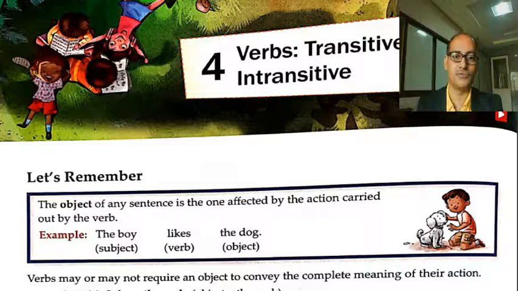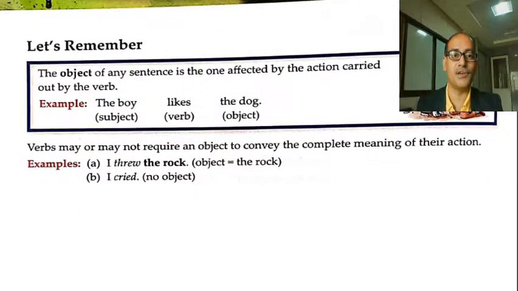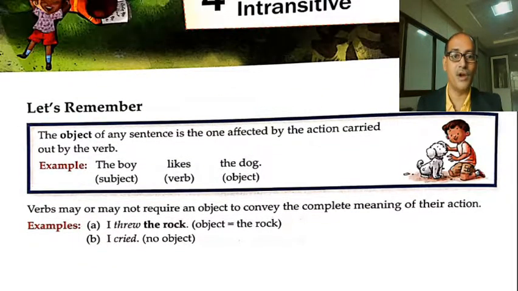Dear students, we have understood what the object of a sentence is. But it's not necessary every time that a verb will require an object to complete the sense of the sentence. For example, I threw the rock. This action has been done on the rock.